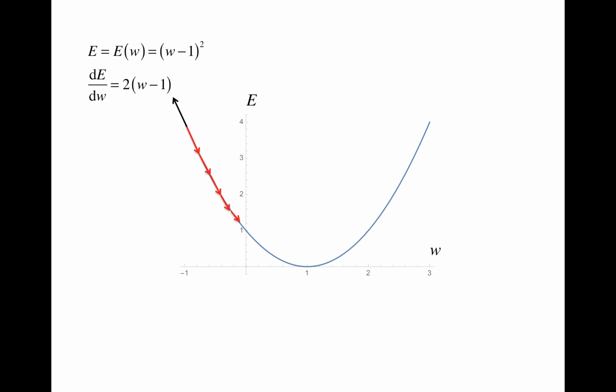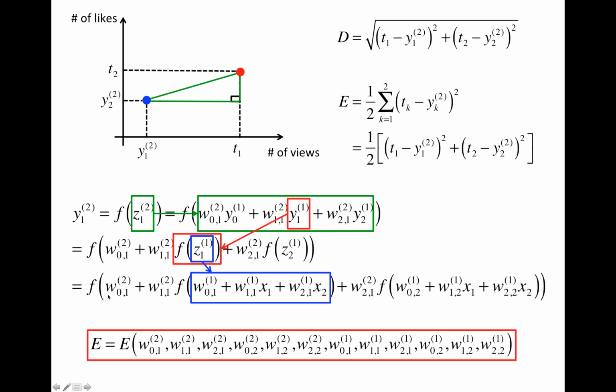But for our very simple neural network, we have 12 weights in total, and the relation between the error and those 12 weights is already very complex. For deep neural networks, the number of weights can reach millions, and the relation between the error and the weights is even more complex.